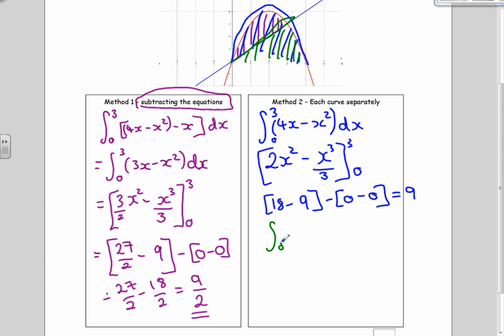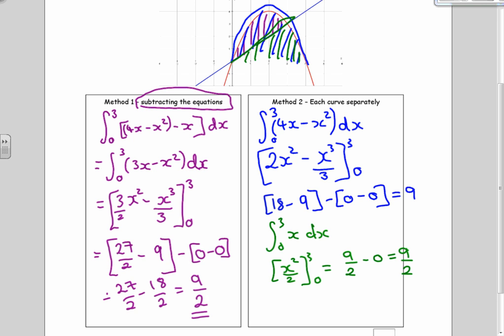So I'm integrating between 0 and 3, just x. That gives me x squared over 2 between 3 and 0. When I substitute 3 into this, I get 9 over 2. And when I substitute 0 into this, I just get 0. So that leaves me with 9 over 2.